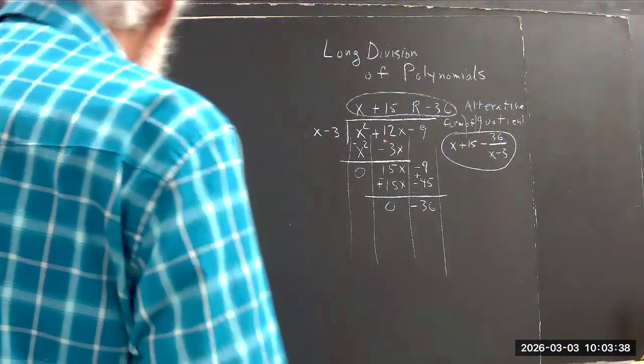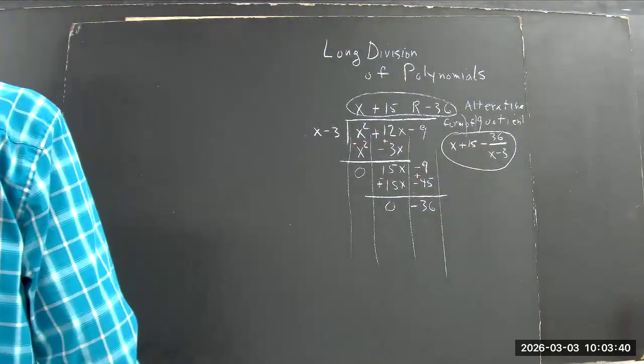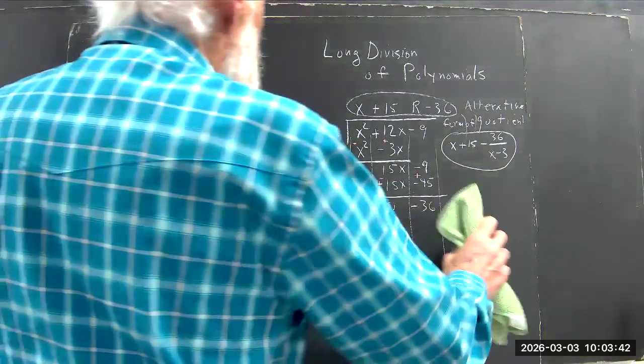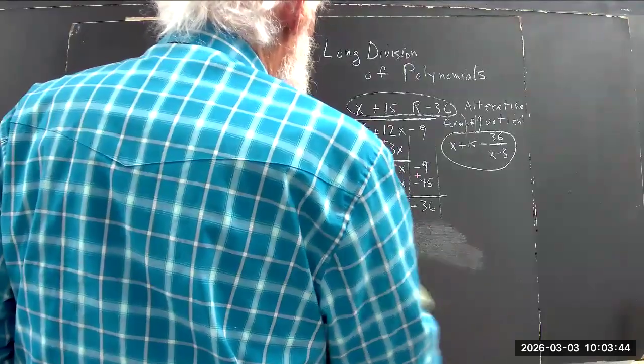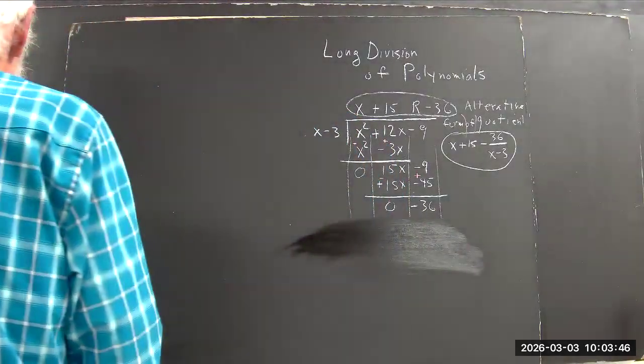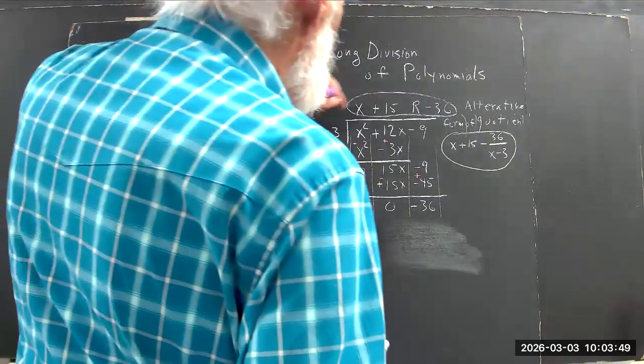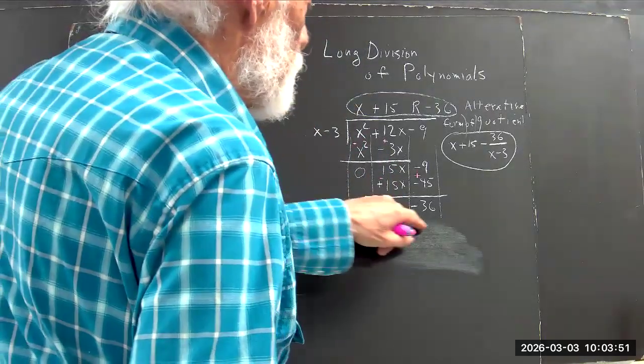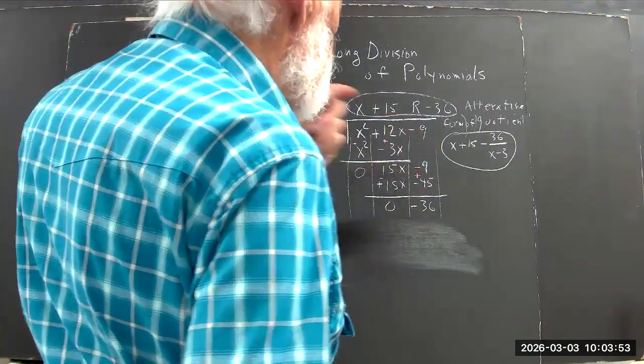Now we can check our division. How do you check a division? Well, if you multiply the quotient by the divisor, you should get the dividend.